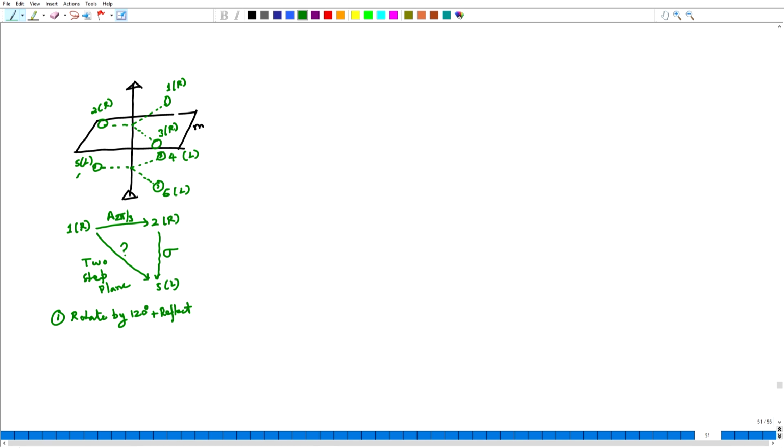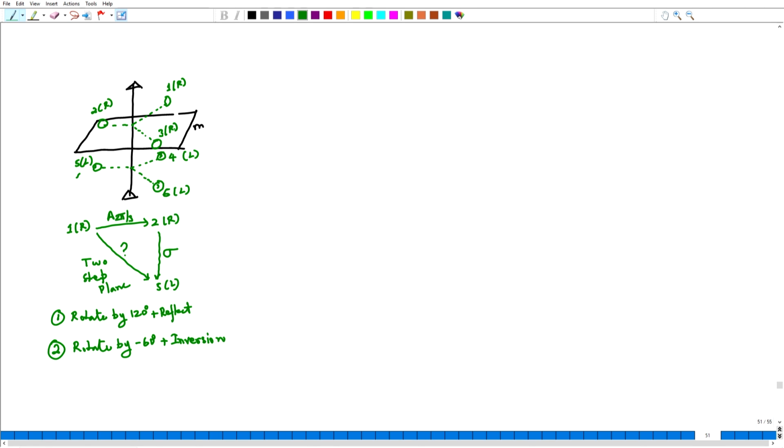But there is an alternative way of looking at this, which is to rotate motif number 1 by minus 60 degrees and then perform an inversion operation. That is called roto-inversion.